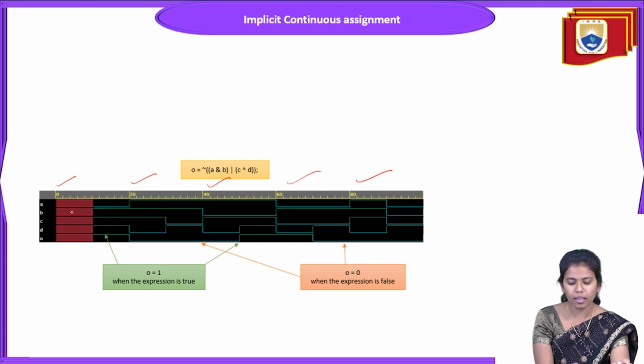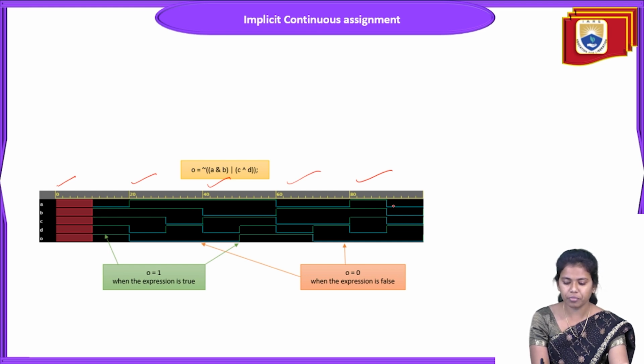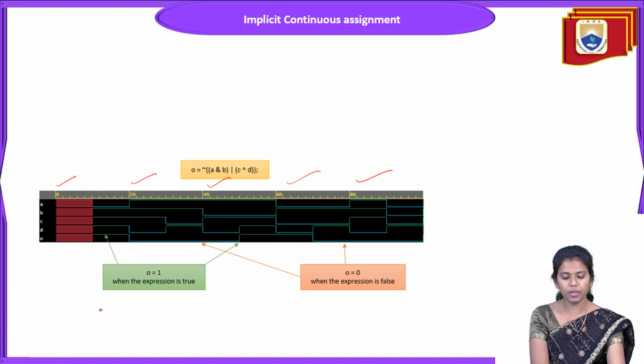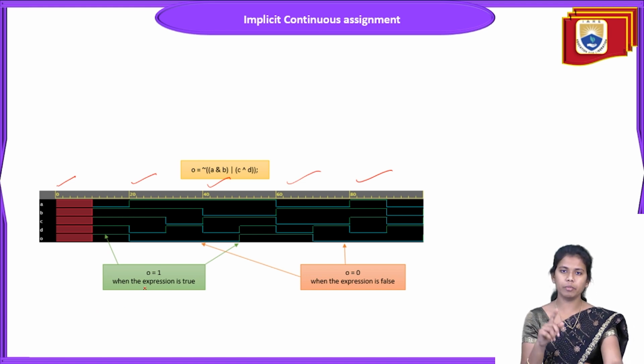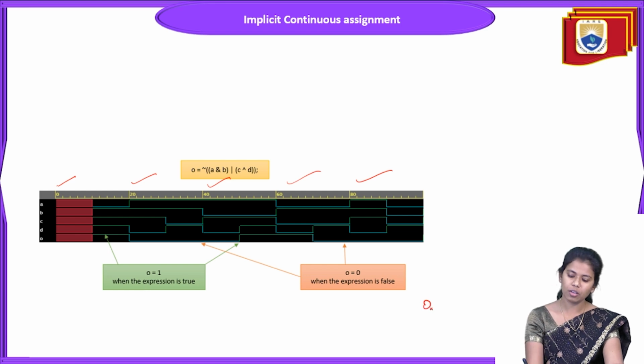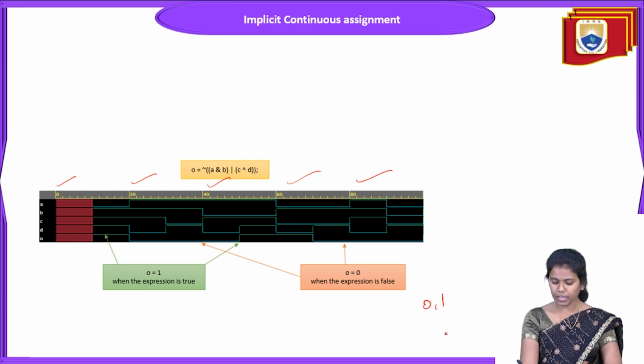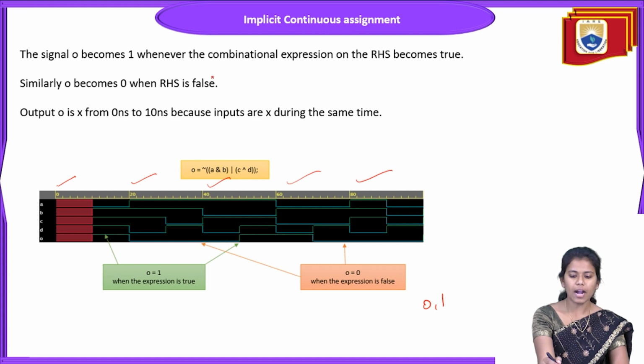So my A rises at 20 nanoseconds, and at 60 nanoseconds it falls down, and B rises at 40 and falls at 60. So the output O is equal to 1. I'll be getting output as 0 and 1. If it is 0, my RHS is false.